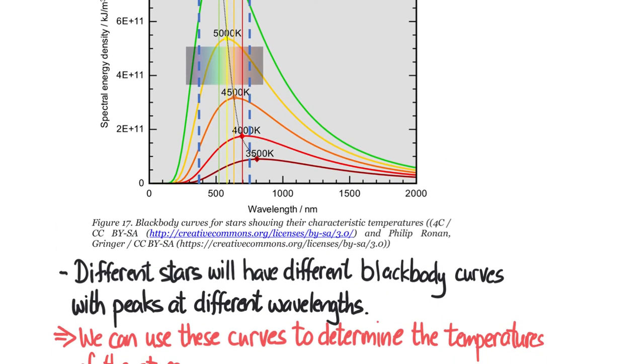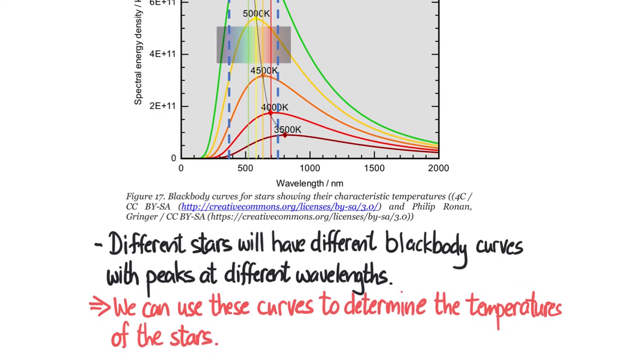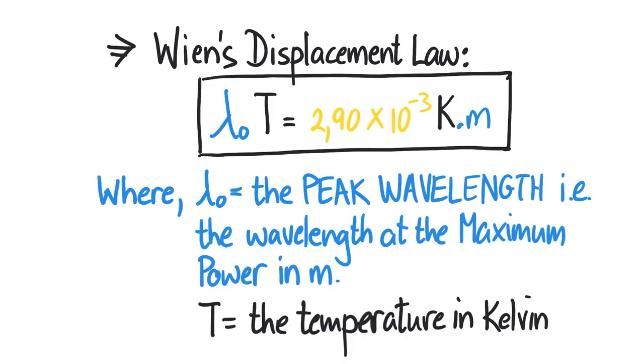So we now have a means to determine the temperatures of stars, and we're now going to move into a quantitative model known as Wien's displacement law.